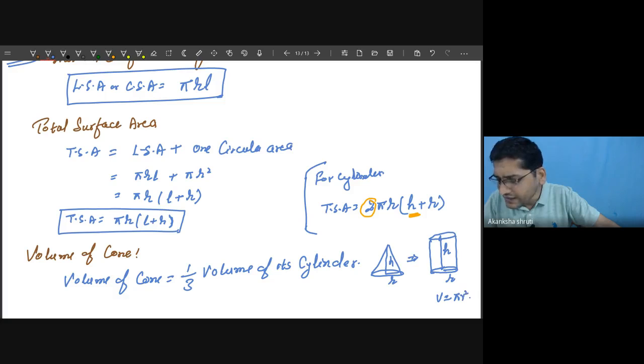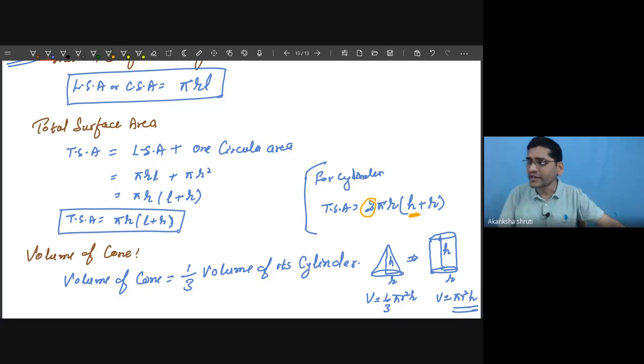Pi r square into h. But the volume of this cone can be obtained just by putting the factor 1/3 before this pi r square h. So it's a very simple thing. Getting? So therefore the volume is obtained by 1/3 pi r square into h.